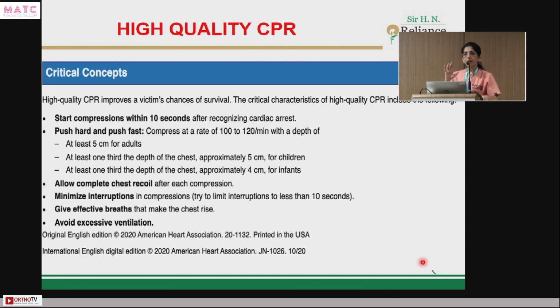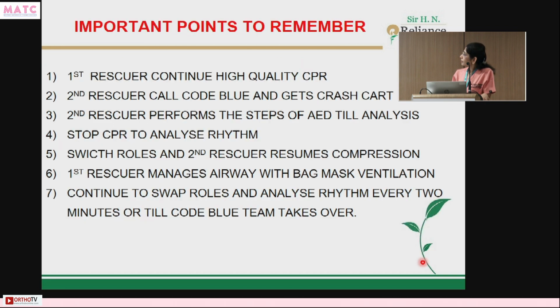So 5 centimeters or 2 to 2.5 inches in adults. For an infant, it is 4 centimeters or 1.5 inches. So that much should be the compression, and allow for adequate chest recoil.